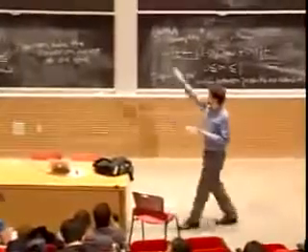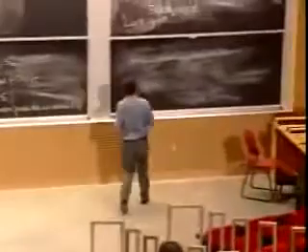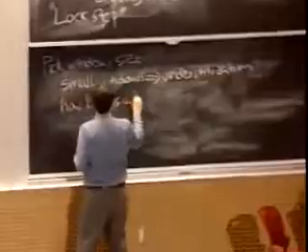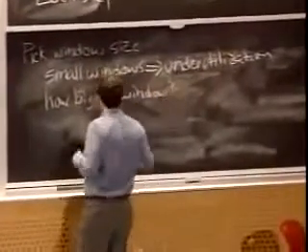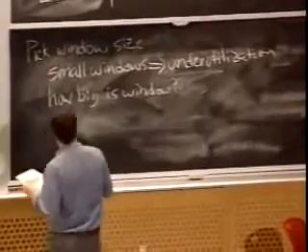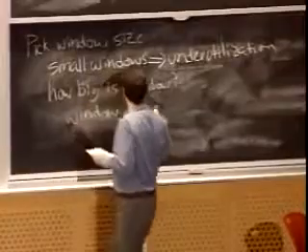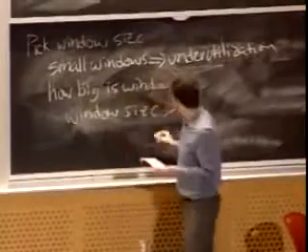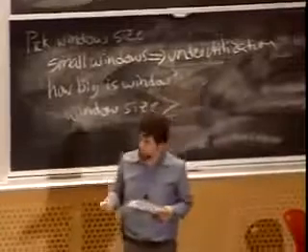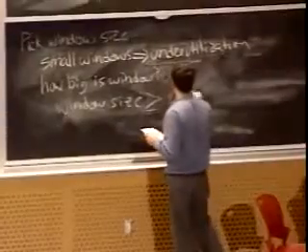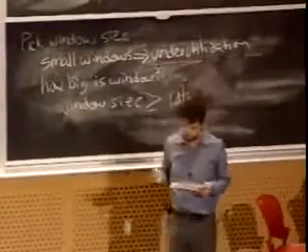So the question is then, how big should we make the window? What we said is we want the window size to be long enough so that the receiver, which, for example, can process some number of messages, a rate of messages per second, the receiver can process this many messages.